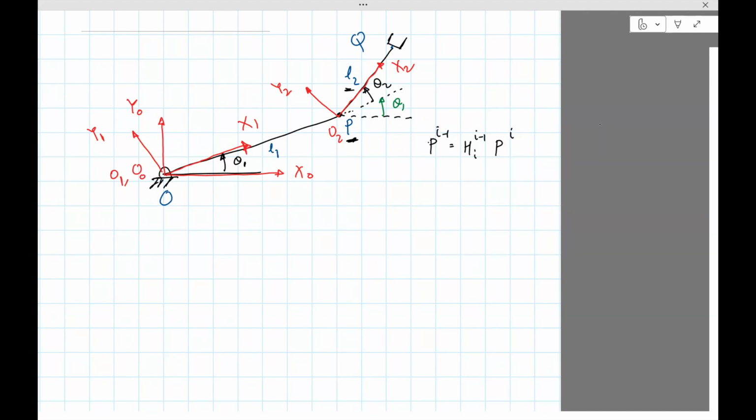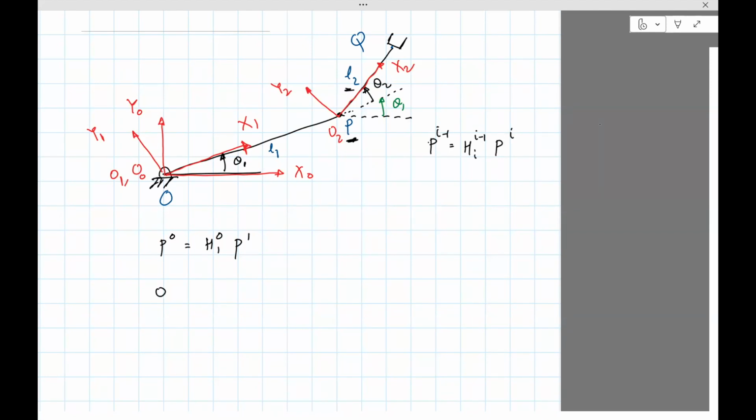Yes, so if I want to compute the position of P in frame 0, because I want it in frame 0, since that's how I always want to visualize, in the frame which is fixed to the world, then I can write this as H10 P1.